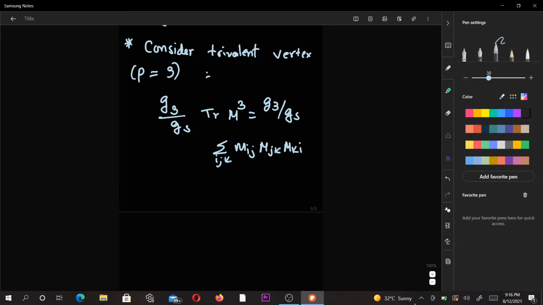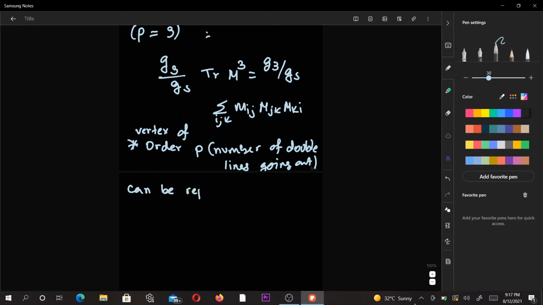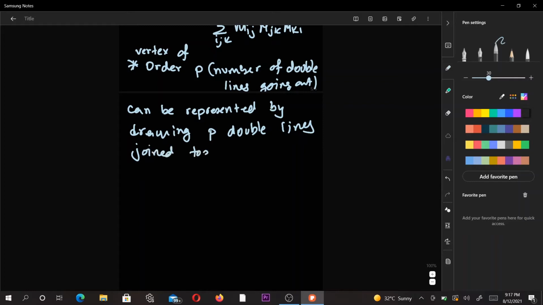It's basically the number of double lines going out of it, or the valency, and it can be represented by drawing p double lines joined together at the vertex.